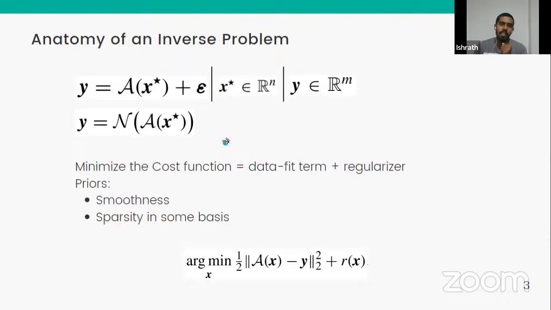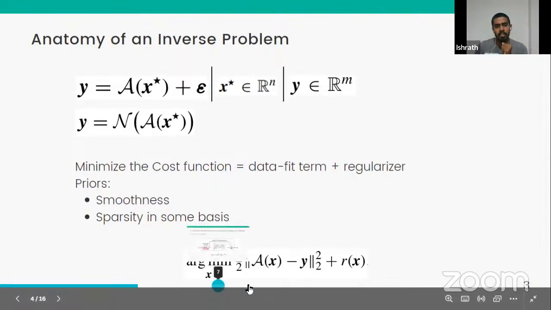The traditional way to solve this problem is to minimize a cost function to find a good estimate for x.